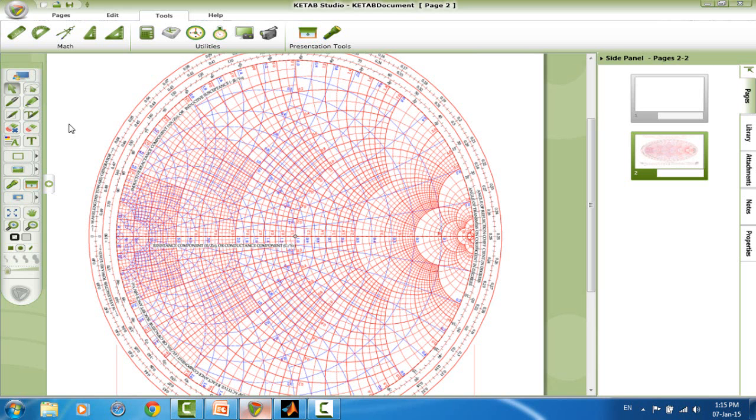We open the tab, the Smith chart, draw a line on the S11 conjugate angle, which is 155 here. Draw a line and draw another line on S22 conjugate, which is 20 right over here.